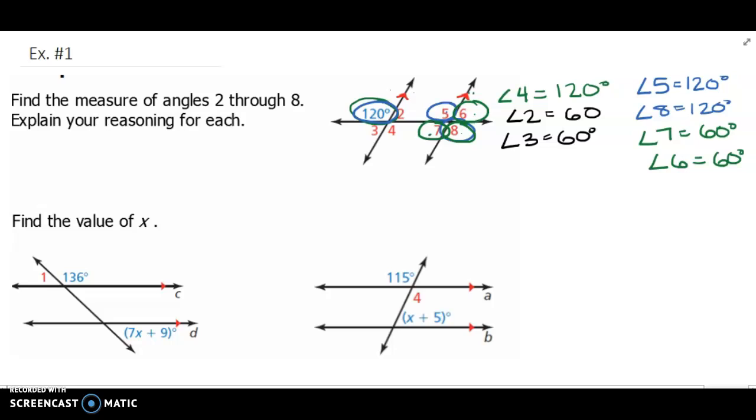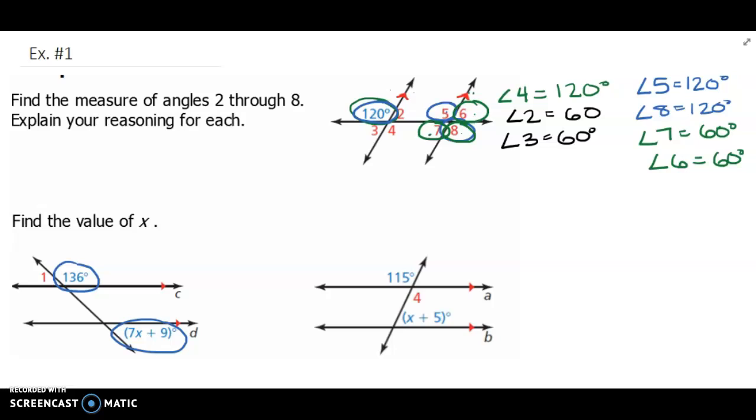All right, let's look at the examples down below now. On this first one, it says find the value of x. So we're given that this is 136 and this is 7x plus 9. Now, these 2 angles that I circled would be the same side exterior angles, but notice we don't have a same side exterior angle theorem.